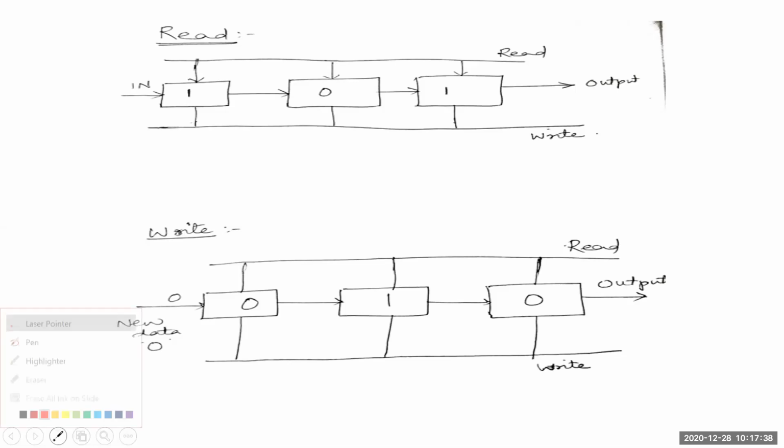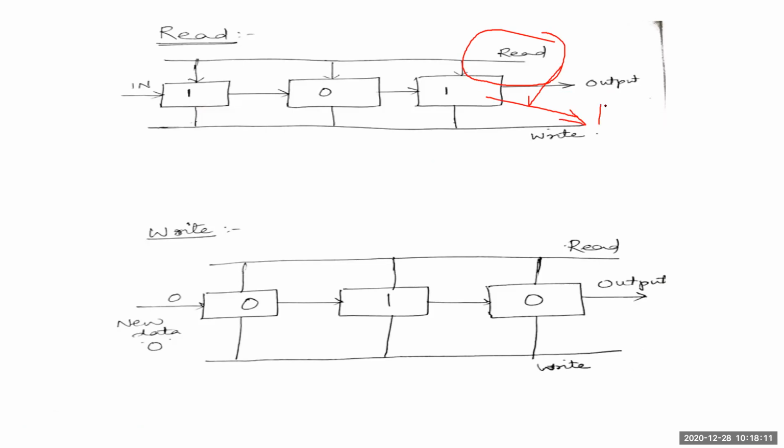Let us see now with respect to the read operation. If I want this particular data to be read, since my last cell is connected to the output, whenever a read operation takes place, only the data of the cell connected to the output will be read. This third cell is connected to the output, so the output you obtain from the SAM after reading will be 1.